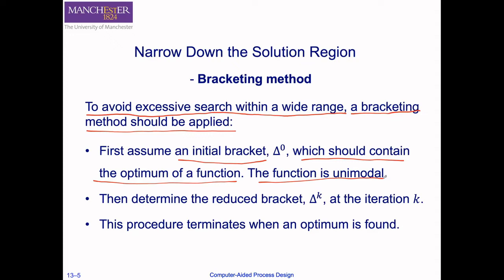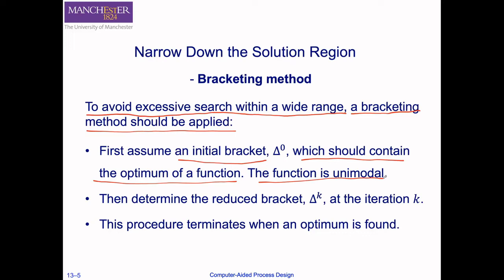If you make a mistake and provide a small bracket, then you will find that the optimum occurs at one of the bounds. So the bracket must be revised until a sufficiently wide bracket is provided.